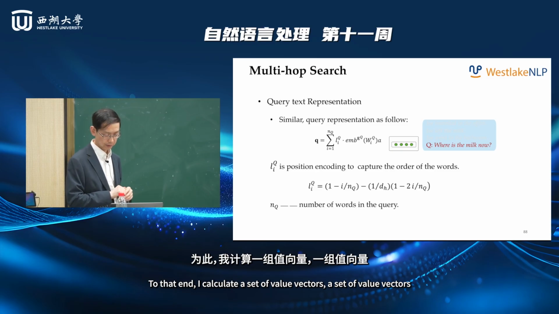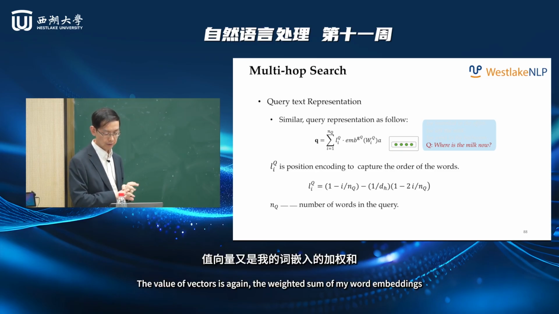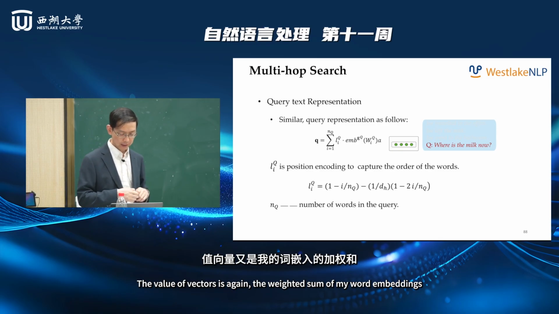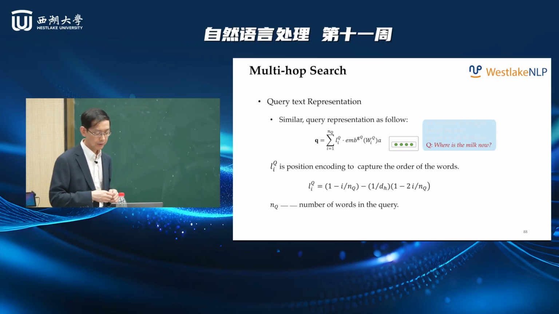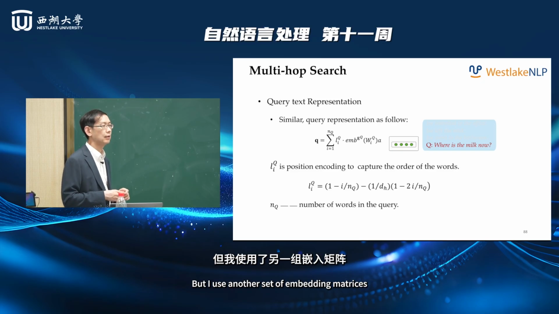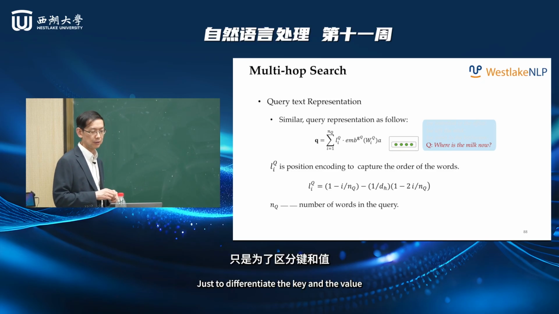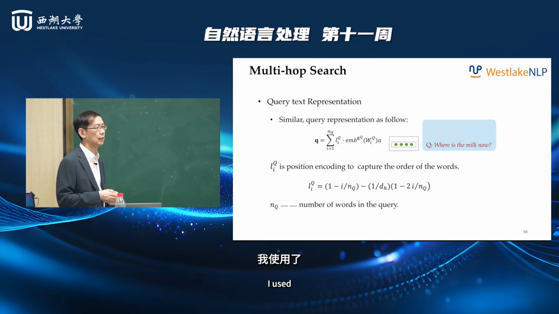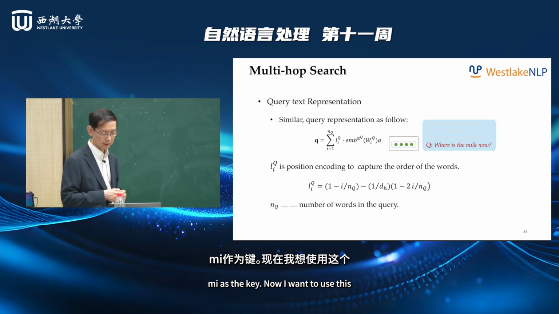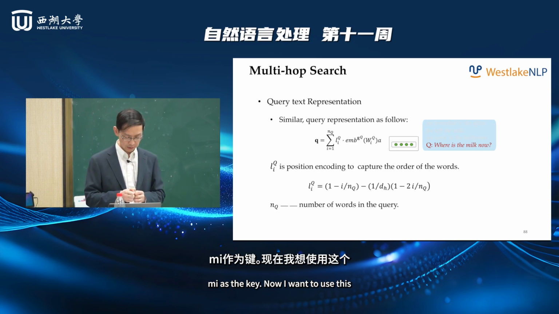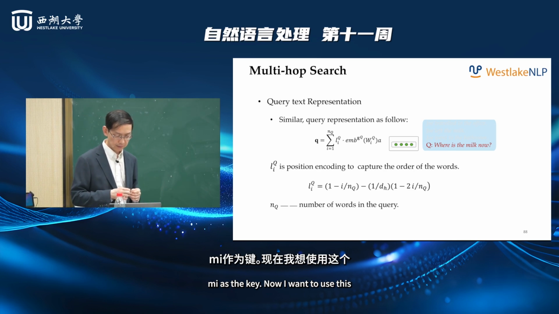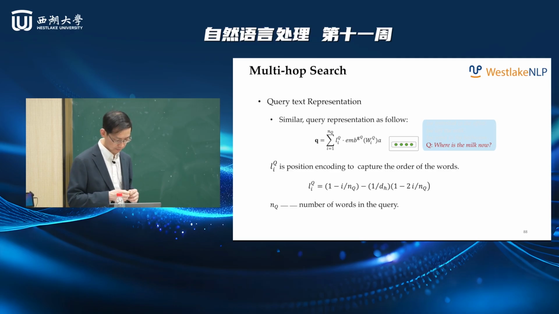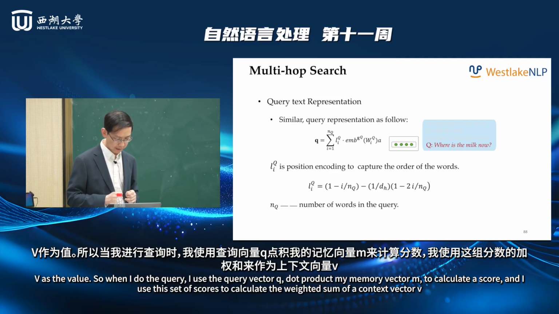The value vectors is again the weighted sum of my word embeddings. But I use another set of embedding matrices, just to differentiate the key and the value. I used MI as the key. Now I want to use this V as the value.